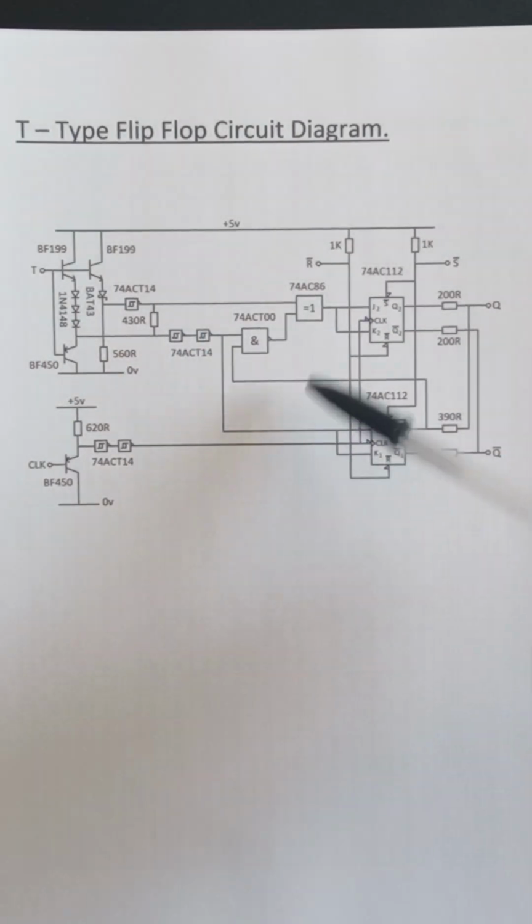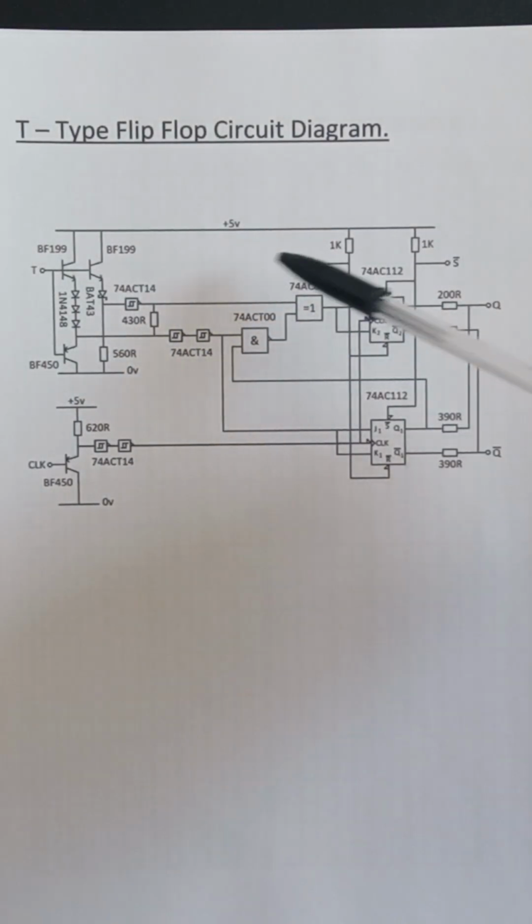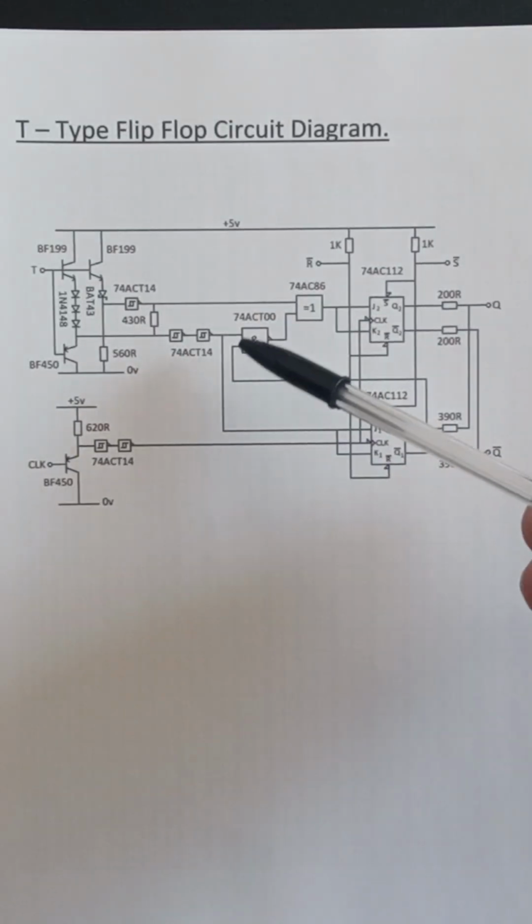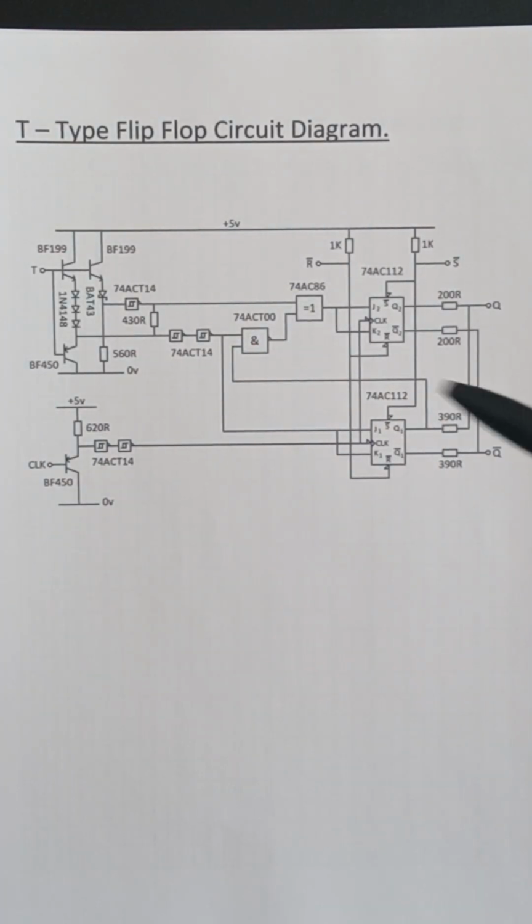And this is the logic network that processes the signal. It's an exclusive OR gate, and this is a NAND gate here.